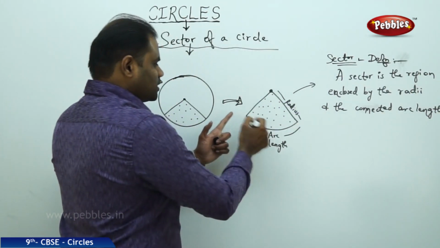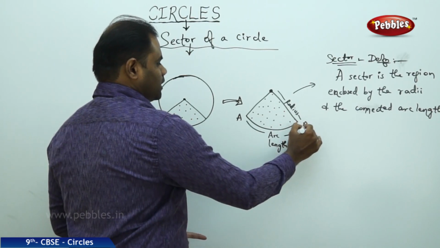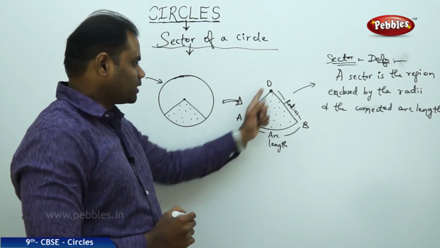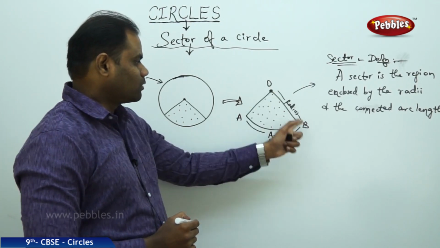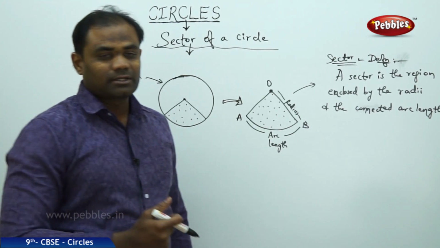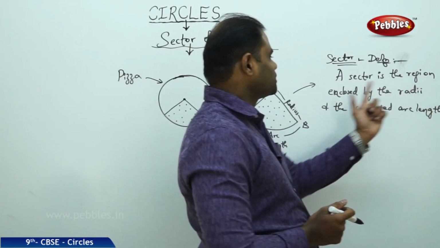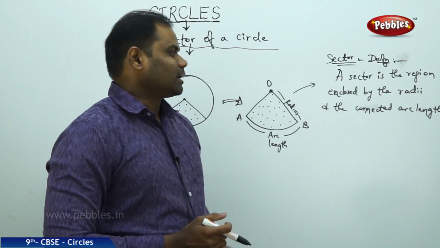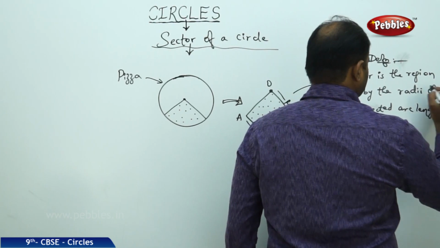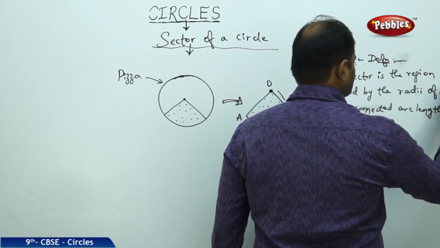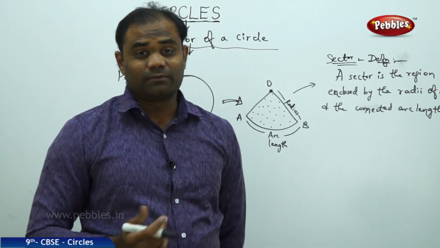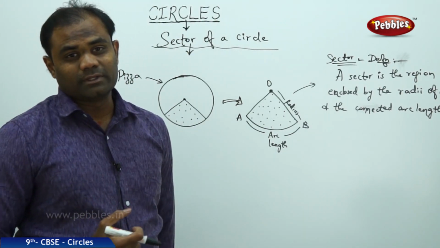So this is said to be the connected arc length between A and B and O. So the connected arc length between the two radii OA and OB, that is AB, is the connected arc length. So a sector is defined to be the region enclosed by the radii and the connected length of the circle, and the connected arc length is how we define the sector for the given circle.